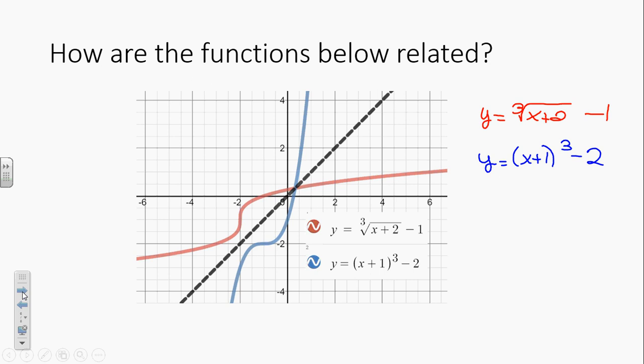Negative 1 was outside of the radical, shifting it which way? Down 1. Now it's in the parentheses, and it's shifting it left 1, right? Correct? Okay, so let's see how these work.